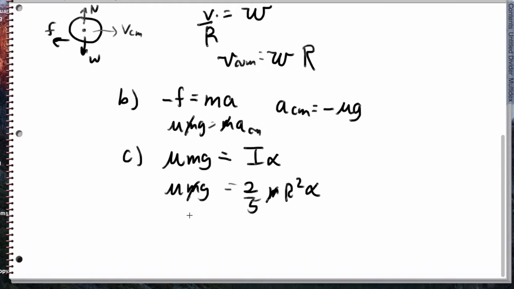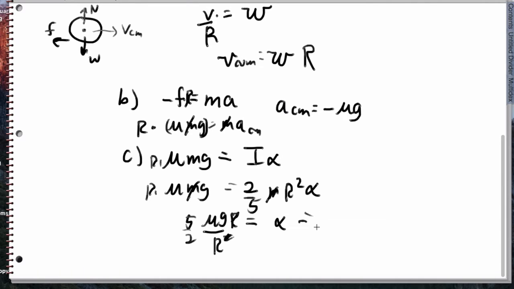And so we're going to end up getting 5/2 mu g over r squared equals alpha. Let me make sure I have that right. Mu mg. The friction applies a torque. So this is the force of friction, and we have to multiply it by the lever arm. So there's an r here, and that cancels with there. So our alpha ends up being mu g over r times 5/2. That's the alpha.